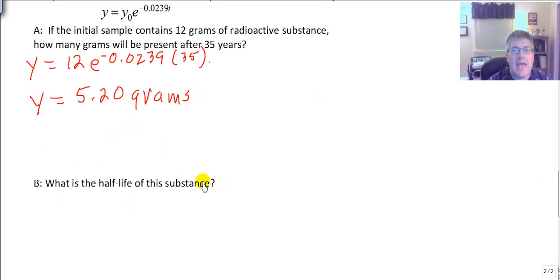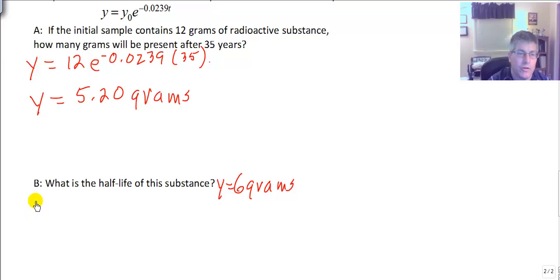What is the half-life of the substance? So the half-life meaning how many years will it take for a quantity to be cut in half. So we're going to go from 12 grams to 6 grams. So we already know that y is going to be 6 grams. It's going to be half of the 12.